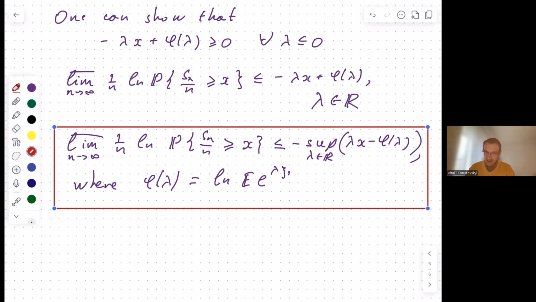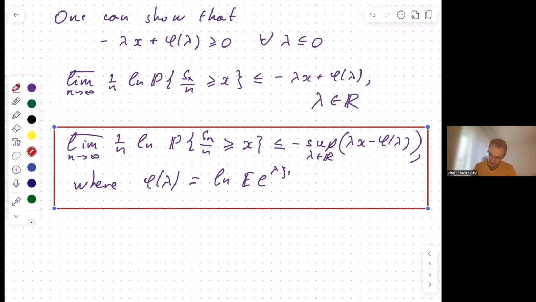Okay, we got the estimate from above, and now our goal will be to show that we also have the same estimate from below. So that the liminf can be estimated from below also by minus the supremum of lambda x minus phi of lambda.